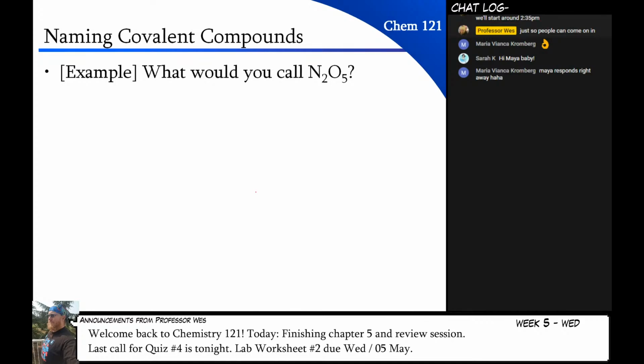All right, so I got some examples here. So what would I call this? You can type your answer right in the chat. Dinitrogen pentoxide is correct.